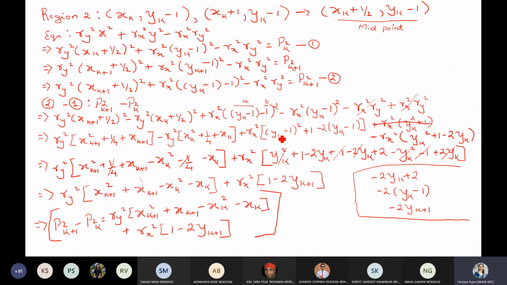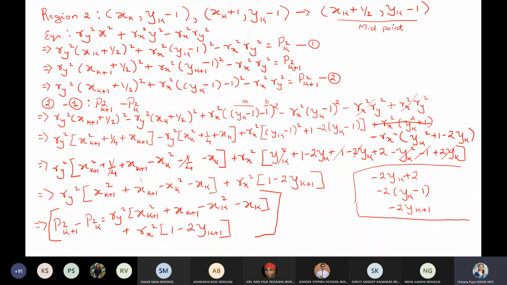This will again be a minus b whole square, so a square plus b square minus 2ab, that is for this, plus 1, minus, this is minus 2 into yk, minus minus is plus 2, so plus 2. Then you have this rx square we have taken outside, so minus will enter, so minus into yk square. Minus 1 and plus 2yk.